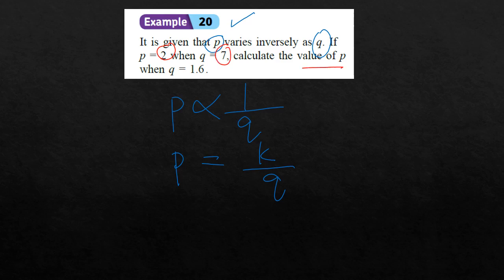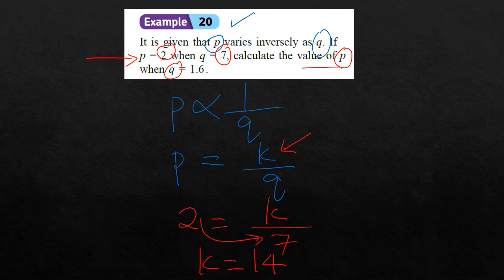Calculate the value of P when Q is 1.6. Okay, before you can calculate your P, you have to find your K. So how to find your K? You use this information. P is 2, K over Q is 7. So your K is 14.